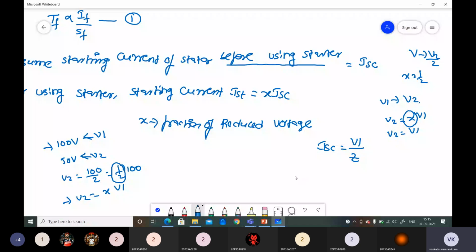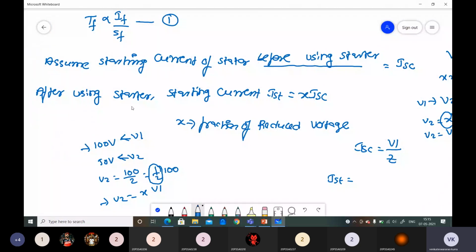Now the starting current after introduction of the starter, IST, is V2 by Z, but V2 in terms of V1 is X V1 by Z. Initially, before using the starter, V1 by Z is nothing but ISC.